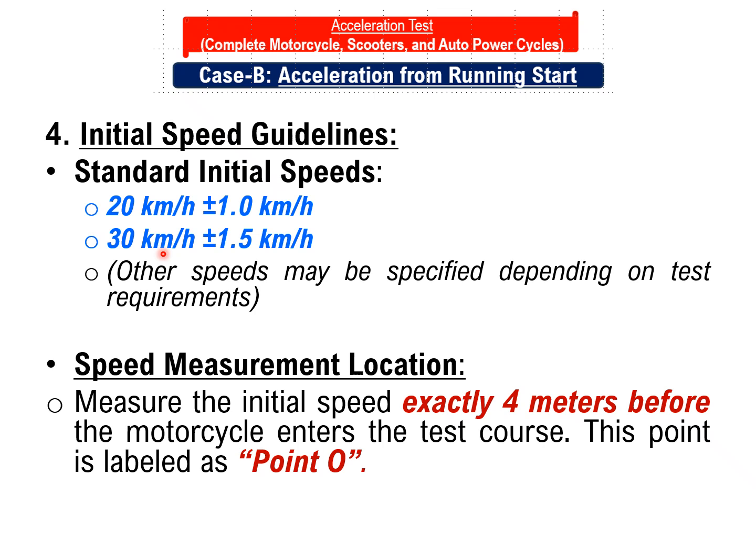Other speeds may also be specified depending upon the test requirement. Speed measurement locations: measure the initial speed exactly 4 meters before the motorcycle enters the test course. This point is labeled as point O, or origin.